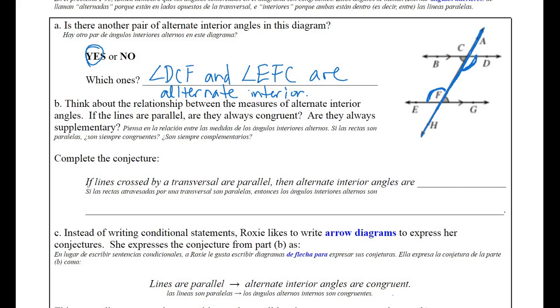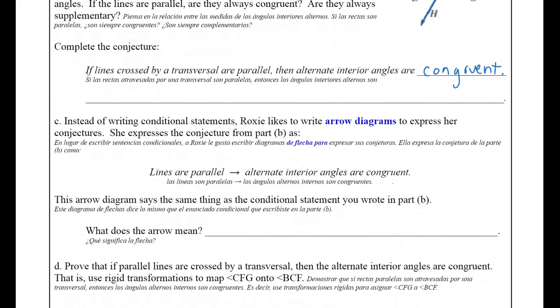If lines crossed by a transversal are parallel, then alternate interior angles are, I'm just going to say it, congruent, period. Part C. Instead of writing conditional statements, Roxy likes to write arrow diagrams to express her conjectures. She expresses the conjecture from part B as lines are parallel, arrow, alternate interior angles are congruent.